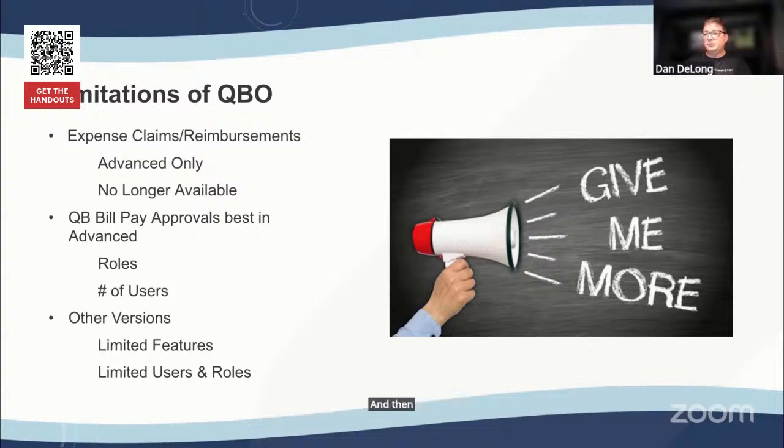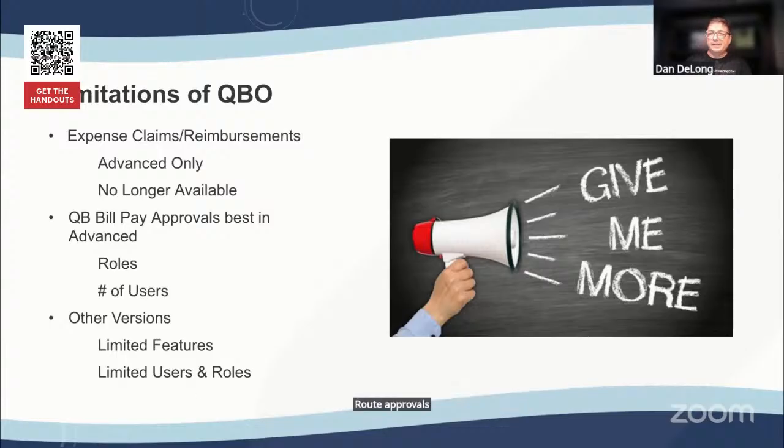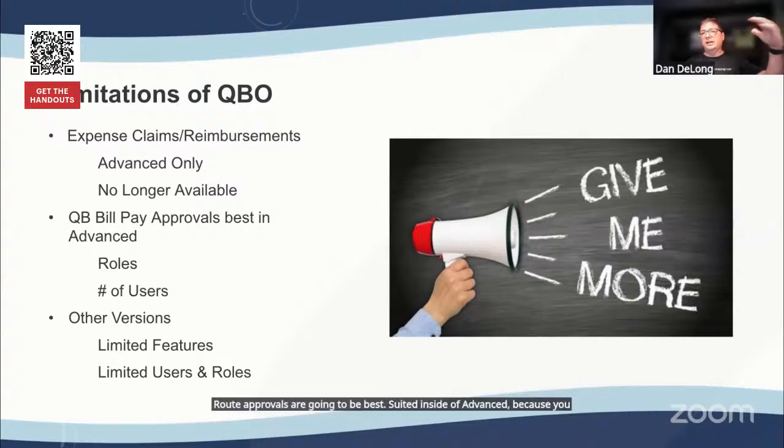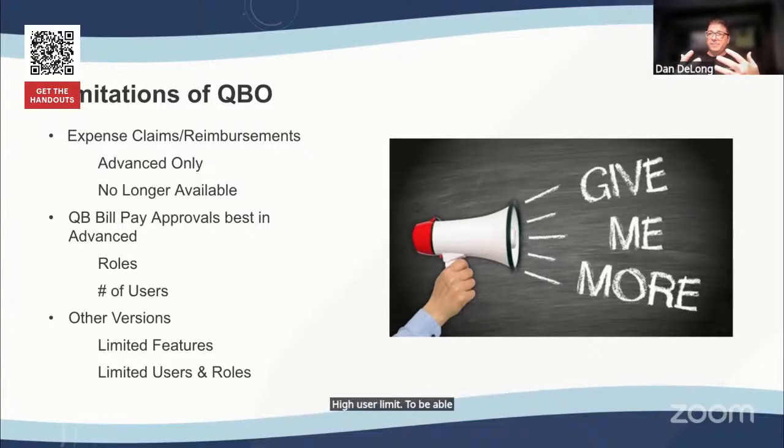And then when it comes to QuickBooks bill pay, with the online bill pay functions, approvals are going to be best suited inside of Advanced, because you have a higher user limit to be able to manage those users, because there are pre-built roles built into the QuickBooks bill pay service.